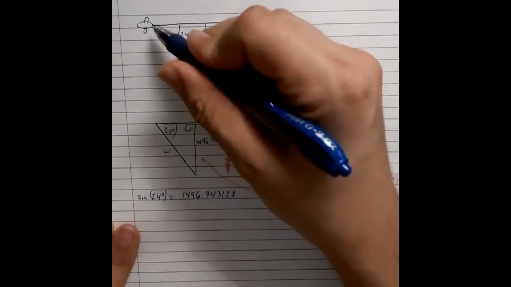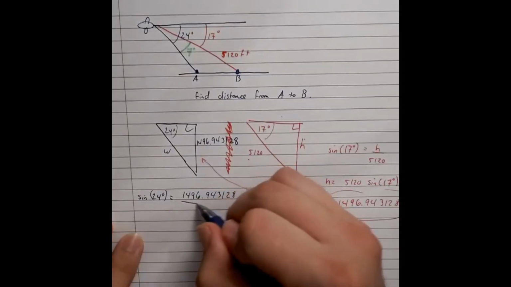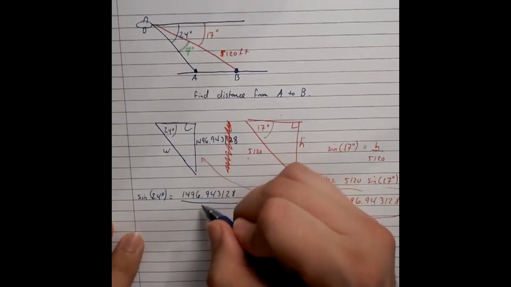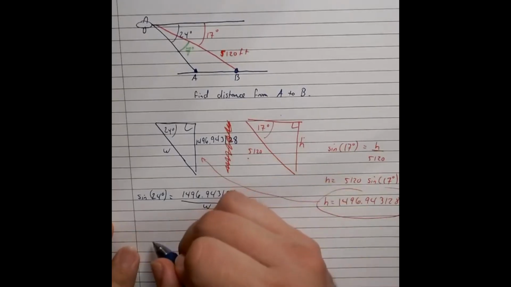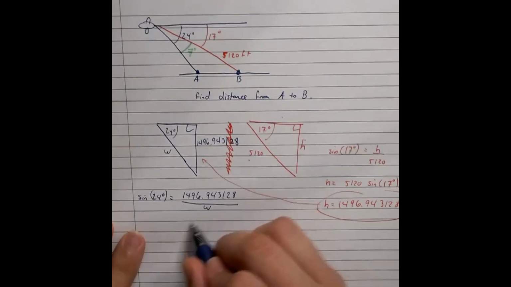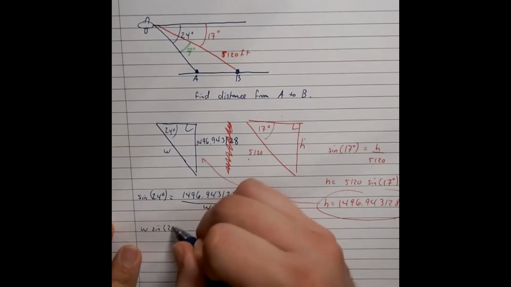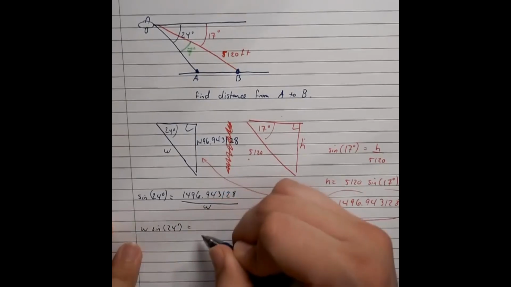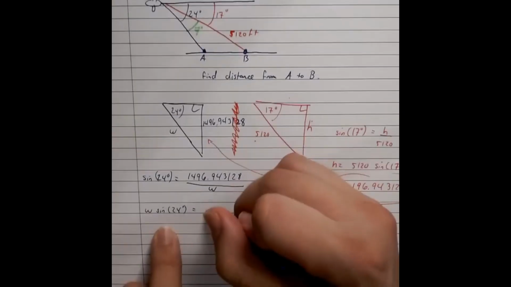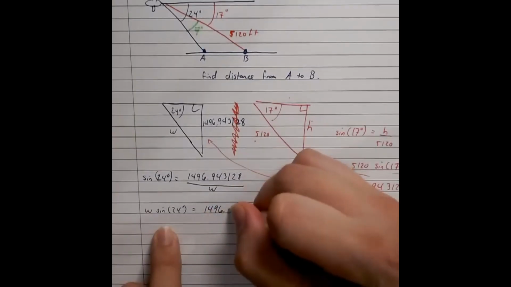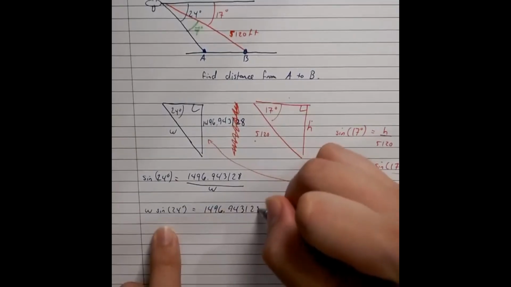All right, that's w. So that's opposite over w, which means that if I now multiply w to this side, w times sine of 24 degrees is 1496.943128.